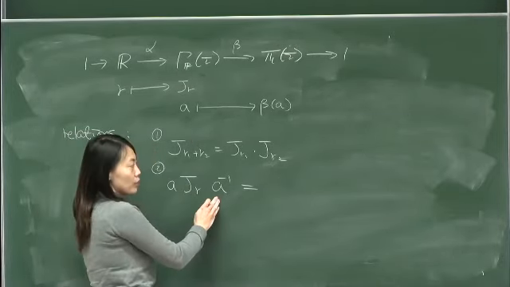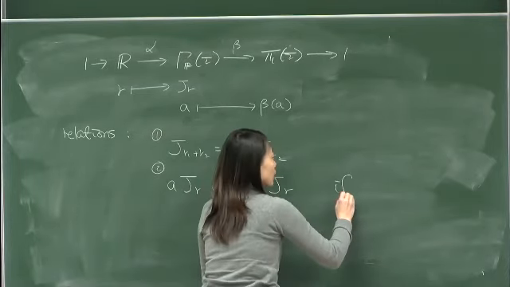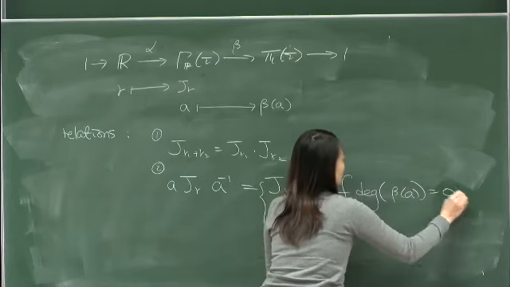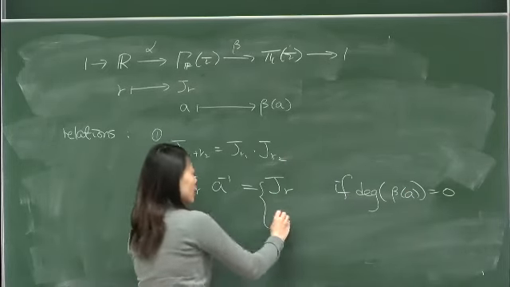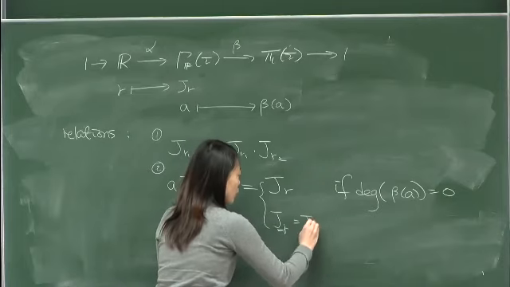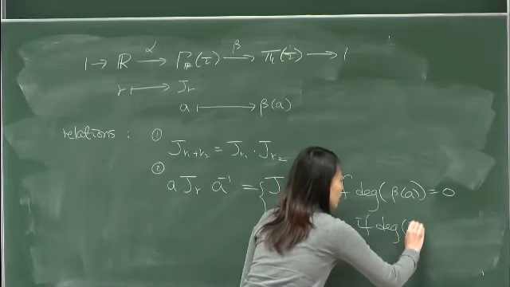So A JR A inverse is equal to JR if the degree of beta A is 0, and it's J minus R, or JR inverse, if the degree is equal to 1.